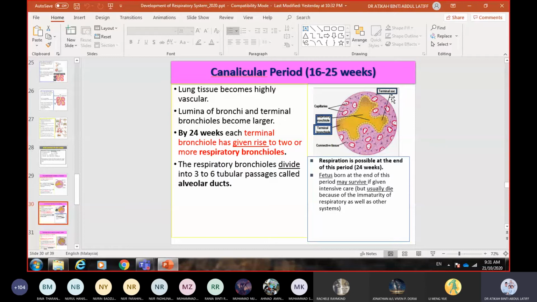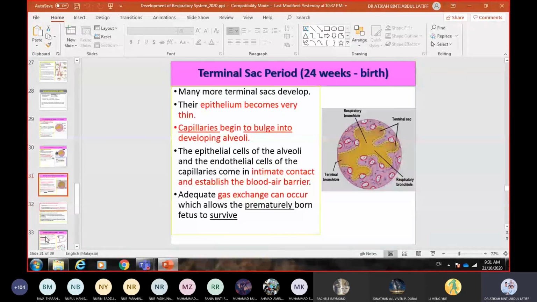So sometimes it's not enough for them to survive, but if they get intensive care and proper medication, they can sometimes survive. But before 24 weeks, it's not possible because they don't have the alveolar ducts and not enough vascular support for respiration.